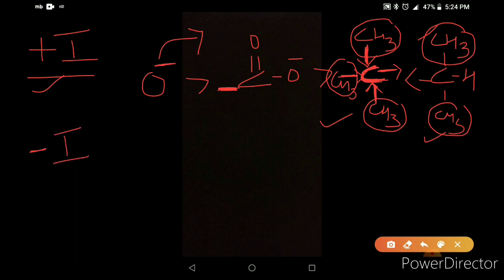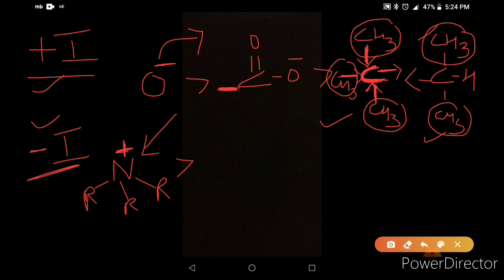Let us discuss some examples of minus I. Anything which has positive charge, for example nitrogen making 3 bonds with any alkyl group, so 3 alkyl groups, and fourth it has donated its lone pair. After the donation of the lone pair, this nitrogen is now electropositive with a full positive charge, therefore it has a high tendency to attract electrons, so it is minus I in nature.